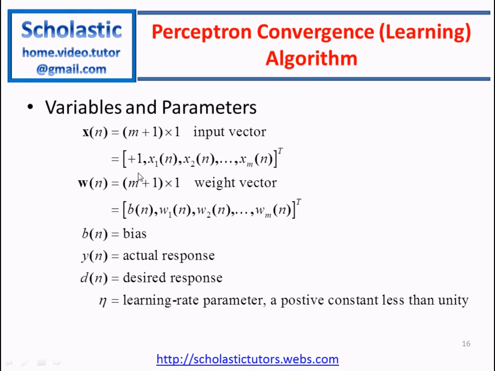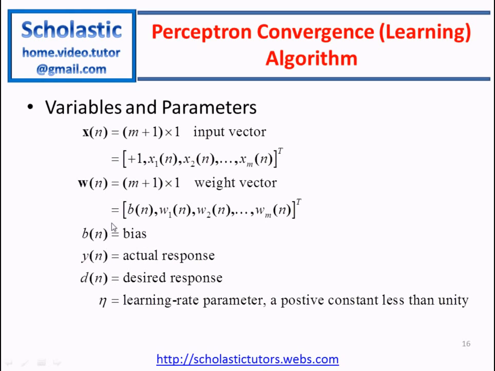Actually, it's a column vector, but we wrote it as a row vector here. And there's a weight vector, which is again a column vector. We make it like a row vector by putting a transpose here. And there is a bias. This bn is the bias, and w1 up to wm are the actual weights, and the response is the yn.